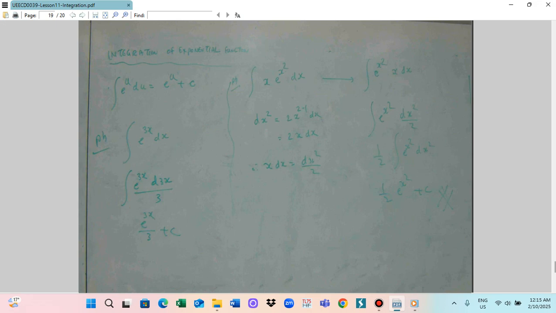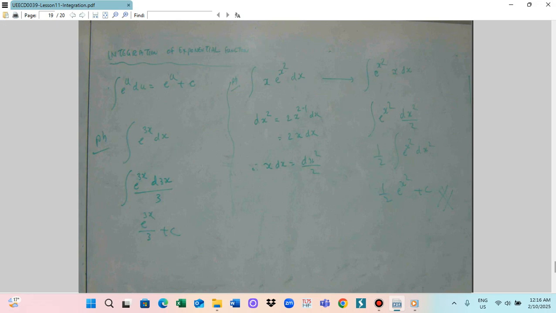Okay, now we take the problem: integration of e power 3A dA. So we want to integrate. The important thing is that here this is e power u, so this must be du. So this is 3A, so this must be d3A. So this becomes the integration of e power 3A d3A divided by 3. So now you can integrate: e power 3A by 3 plus c.